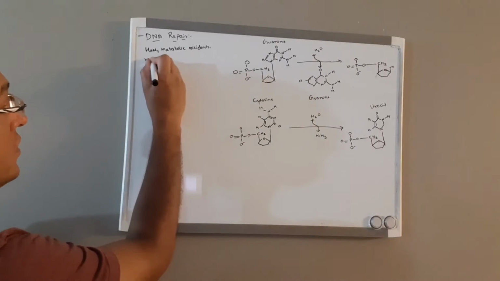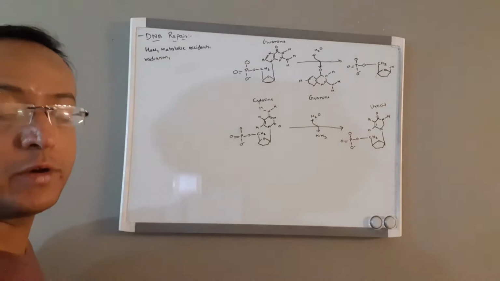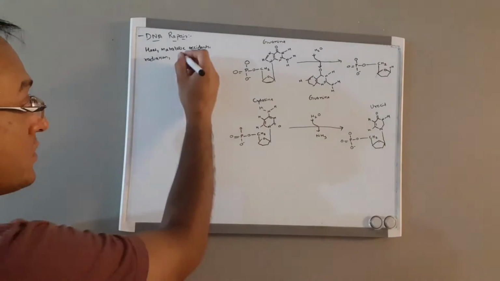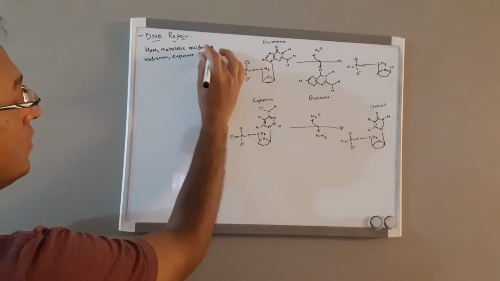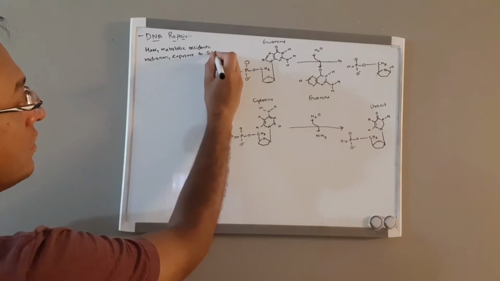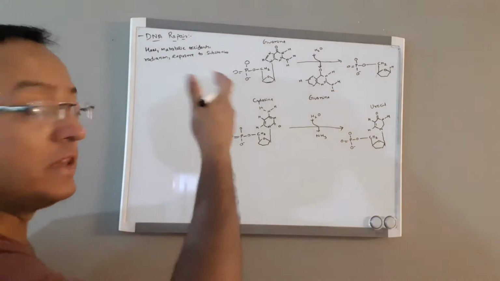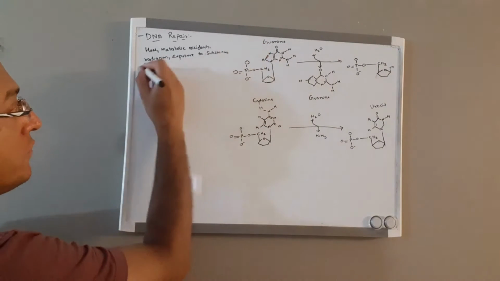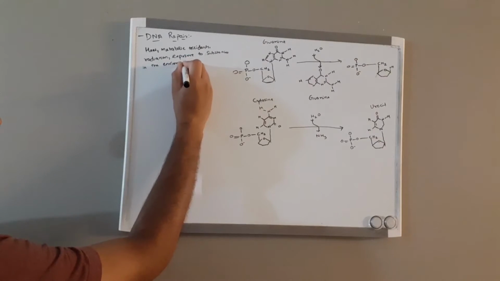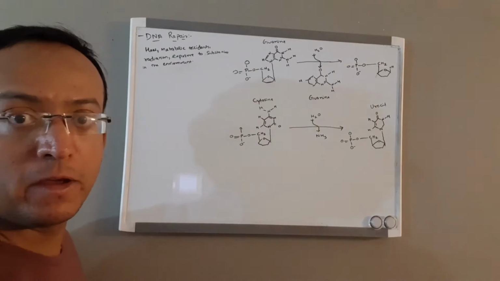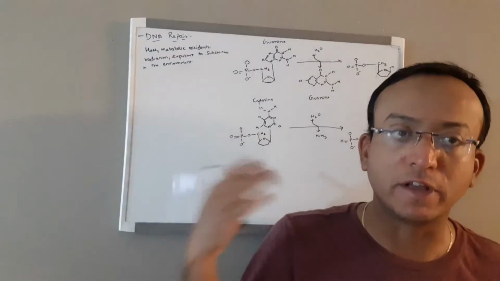There are various sorts of radiations, like ultraviolet radiation, and also exposure to substances in the environment that can damage your DNA. So there are many mechanisms that can damage the DNA.